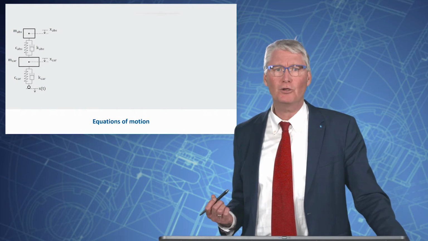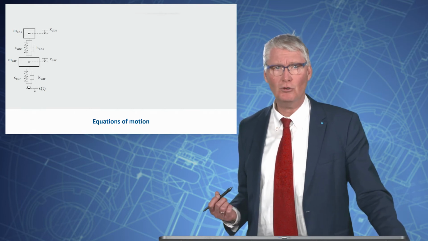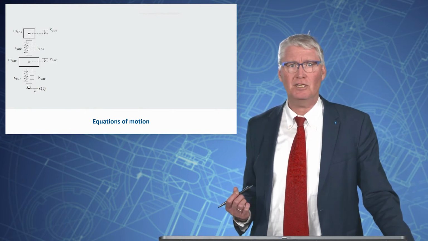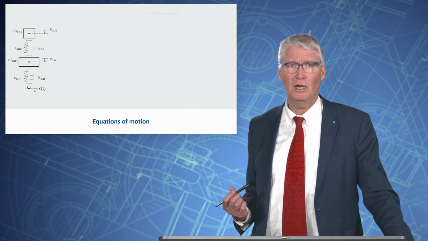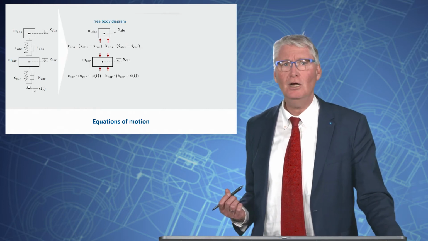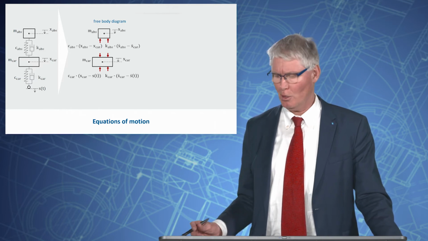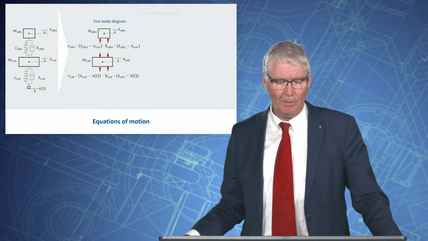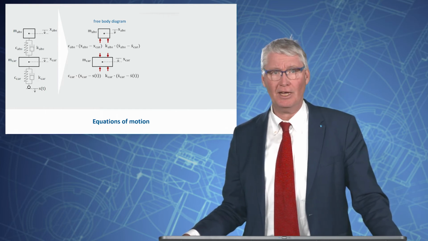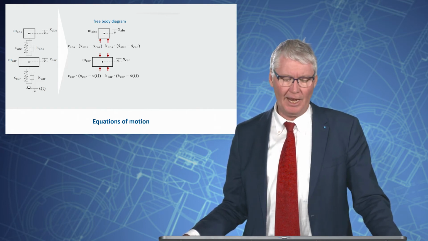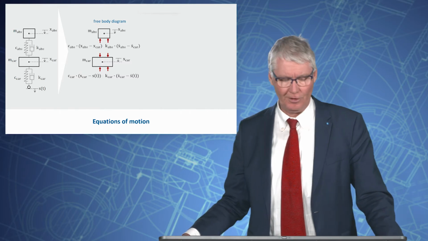Now, what do we do with this system? In fact, we also want to set up the equations of motion, and you can already guess from the fact that we now again have a system that is described by two different coordinates that we have to set up two equations of motion. And in order to come up with the two equations of motion, we need to draw again the free body diagram. We have to look at the forces that are acting on the absorber mass, and we also have to look at the forces that are acting on the mass of the car.